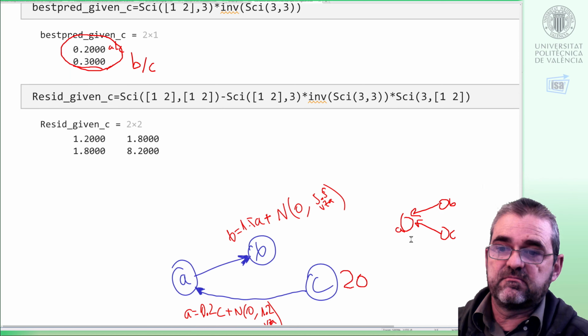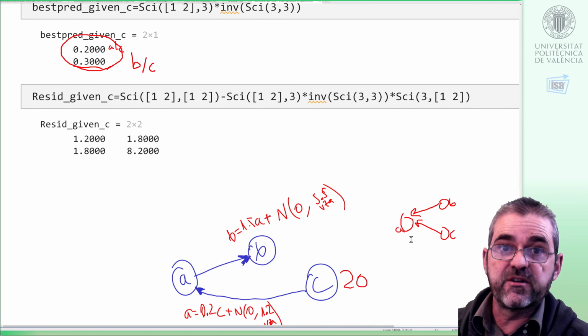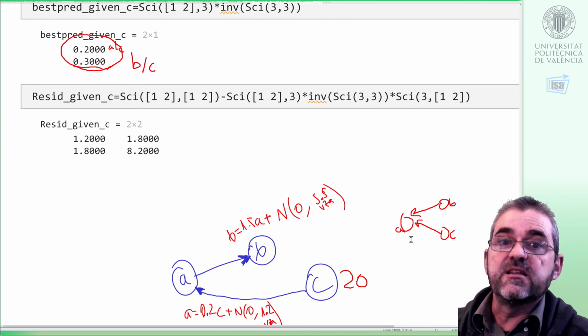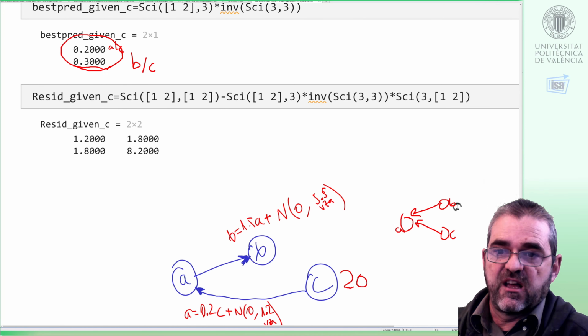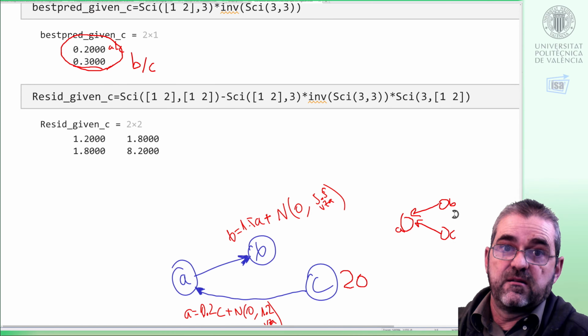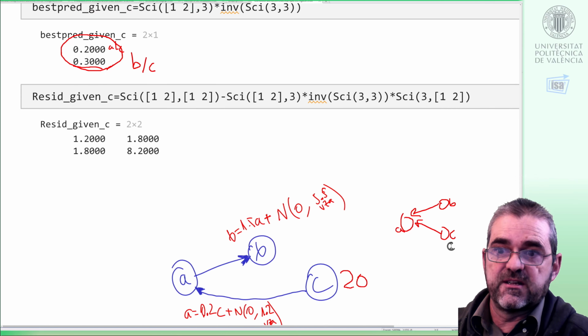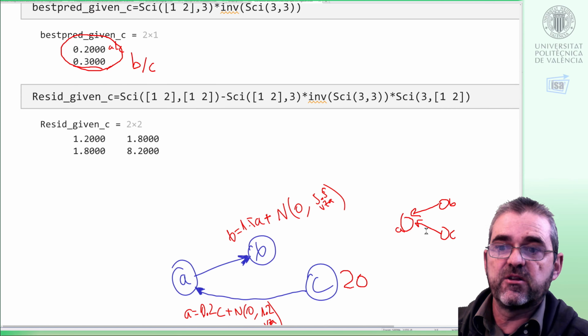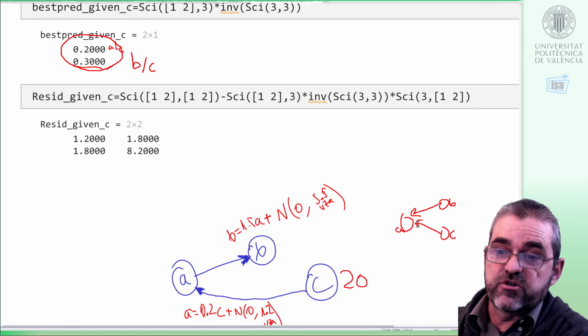In that case, I need the whole best linear prediction formula, and I cannot split my knowledge into independent arrows, let's say. So if I have b and c, I get a better estimate of a than in the case I have only b or only c. So in this case, the conditional independence concepts are of no use if I have two inputs.